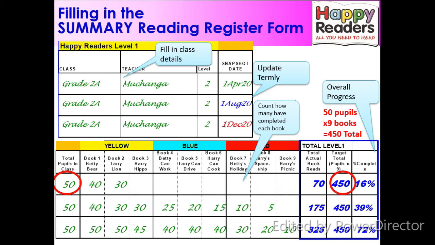We're mostly complete on the blue books, and with the red books, we've still got a little bit of a way to go. But this allows you, the TICs and the heads and the teachers, to manage the process on a termly basis. Gradually we do this each term, and over the years, we'll fill in more and more, so we get completion on level 1, completion on level 2, and completion on level 3.